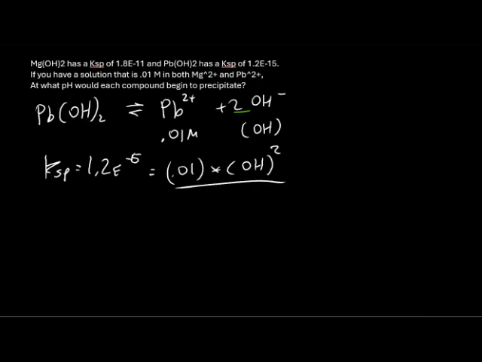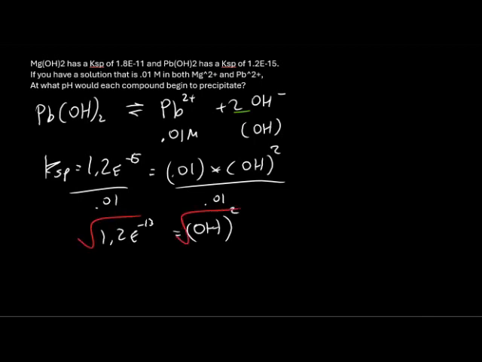We divide both sides by 0.01, and we'll end up with 1.2 times 10 to the negative 13th is equal to OH- squared. We'll take the square root of both sides. We'll end up with an OH- concentration of 3.46 times 10 to the negative 7th molarity.